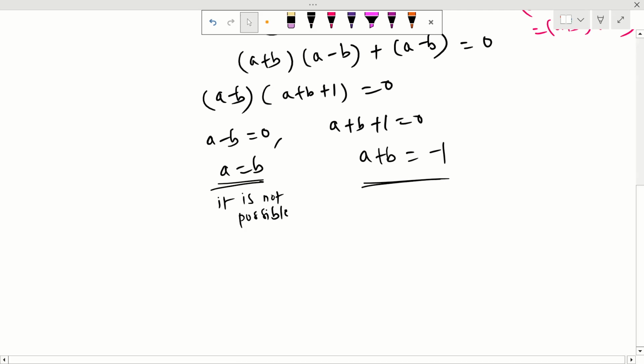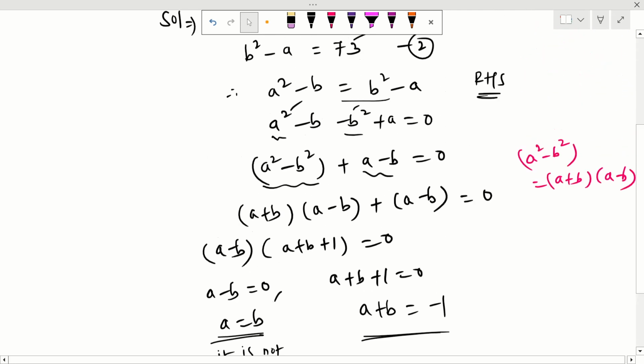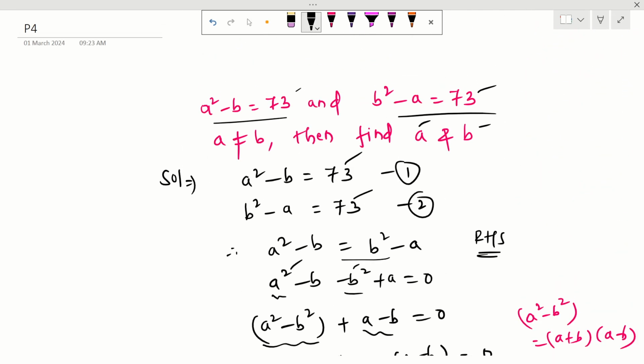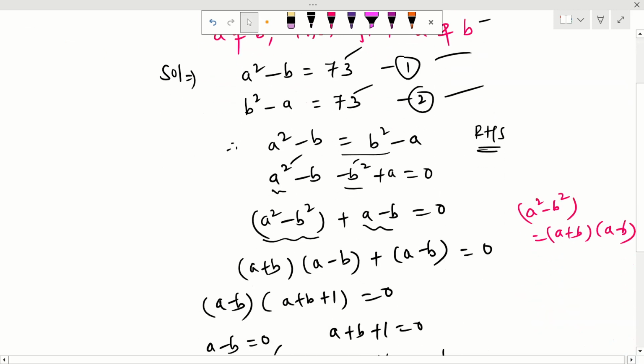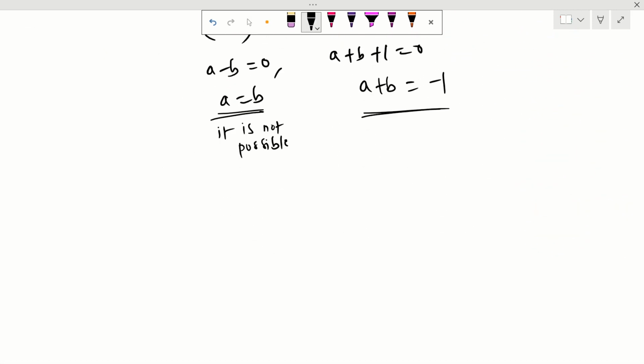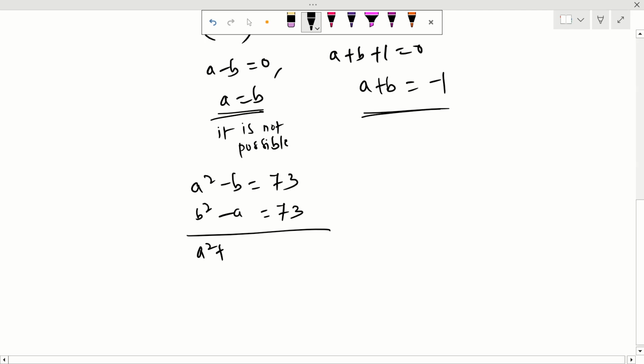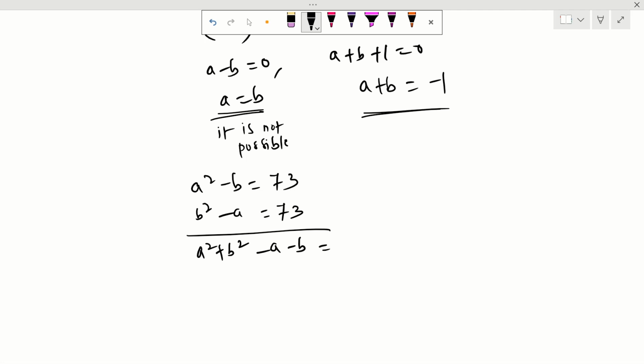Now coming to the original equations, if we add these two equations, A square minus B is equal to 73 and B square minus A is equal to 73, we will have A square plus B square minus A minus B is equal to 146.